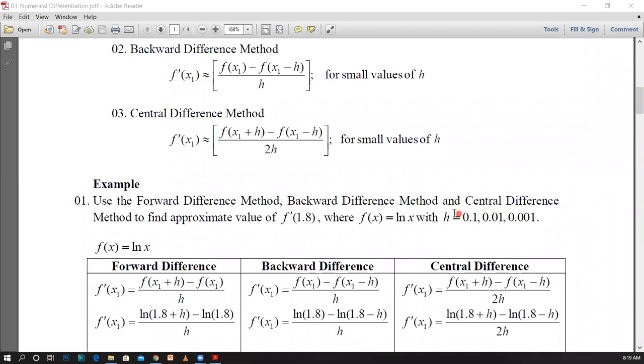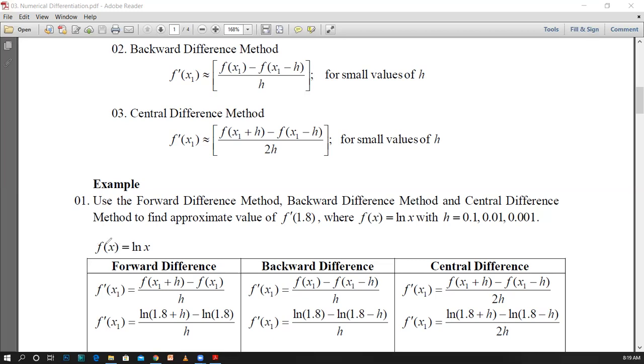Now we can apply these three formulas, first of all for h equals 0.1, and then we will move forward. First of all, we have to identify the function f(x) and the value of x1. These are the two things we have to identify initially.